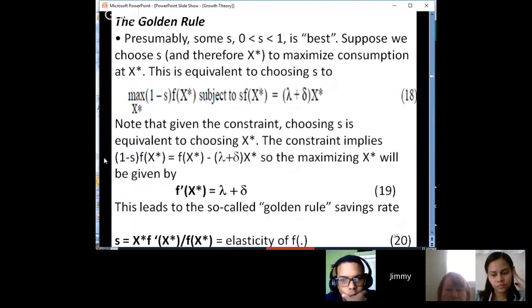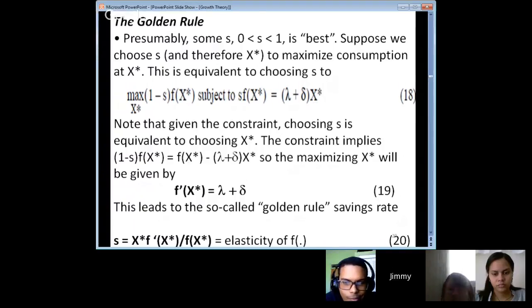So f of x minus S of x prime, which you know from the first part of B is equal to gamma plus delta x star. All I have to do is substitute that in, take the derivative, set it equal to 0. I get F prime of x star is equal to lambda plus delta, which was basically what the question was asking for. Okay.